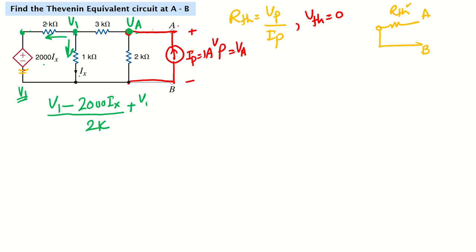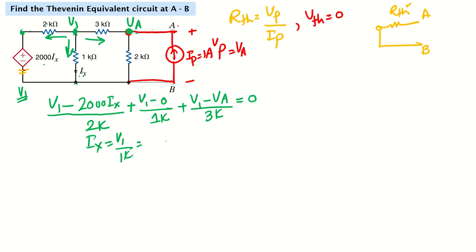So V1 minus 0 divided by 1K, plus this current leaving, V1 minus VA divided by 3K, is equal to 0. Here we have a dependent variable, Ix. Ix is the current through this one, that will be V1 minus 0 divided by 1K, so basically V1 over 1K.